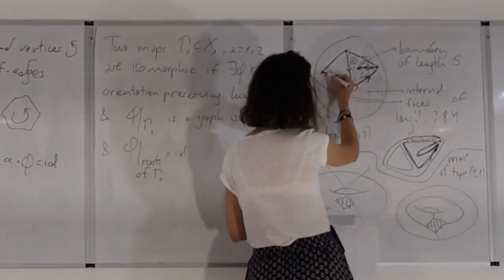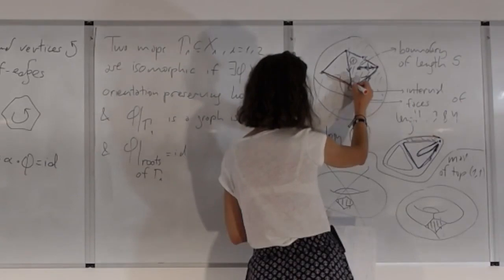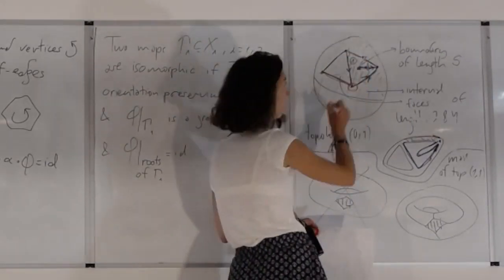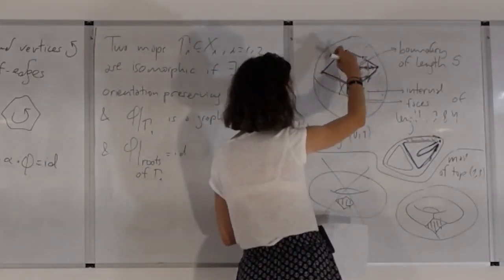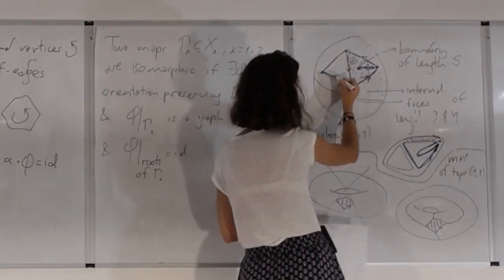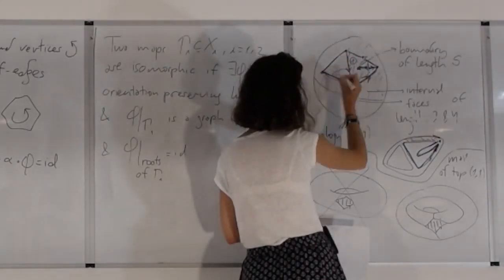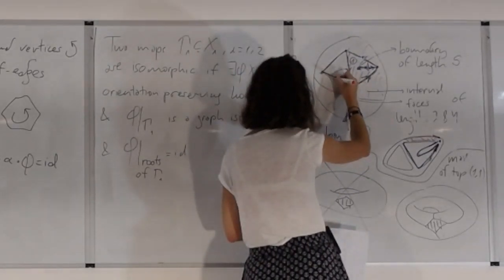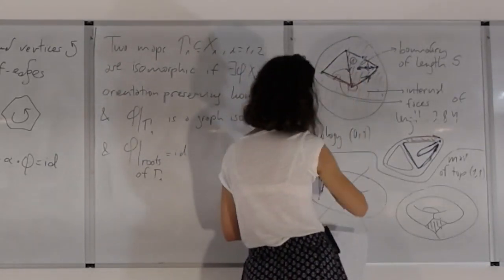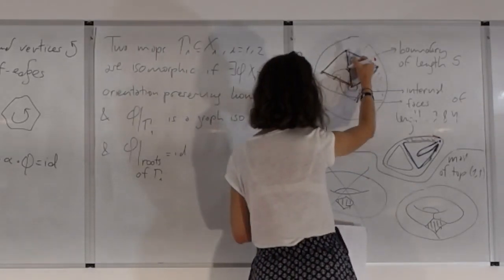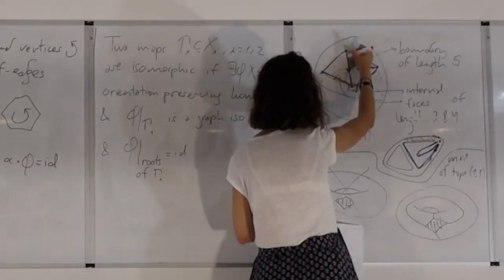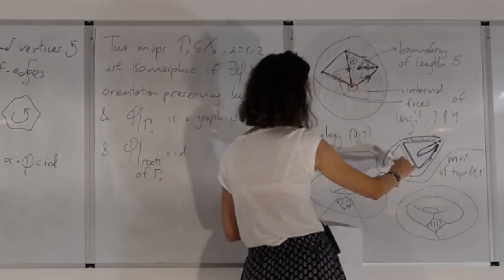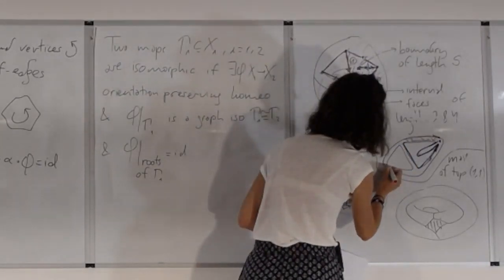Then phi will send it to this one, afterwards to this one. So it just goes around the face counterclockwise. Sorry, this is on half edges, so it's a bit misleading in this drawing. It should be this one and this one. Hopefully it's not too confusing. Otherwise I can do it here maybe, but it should be the same.